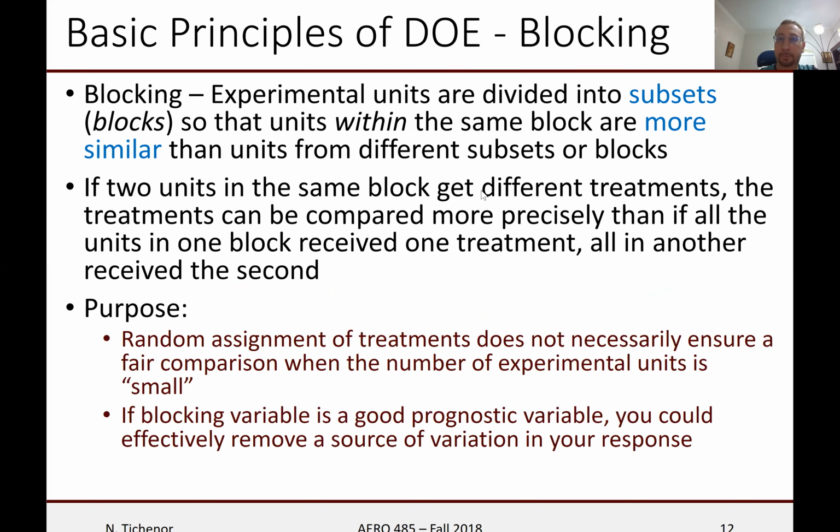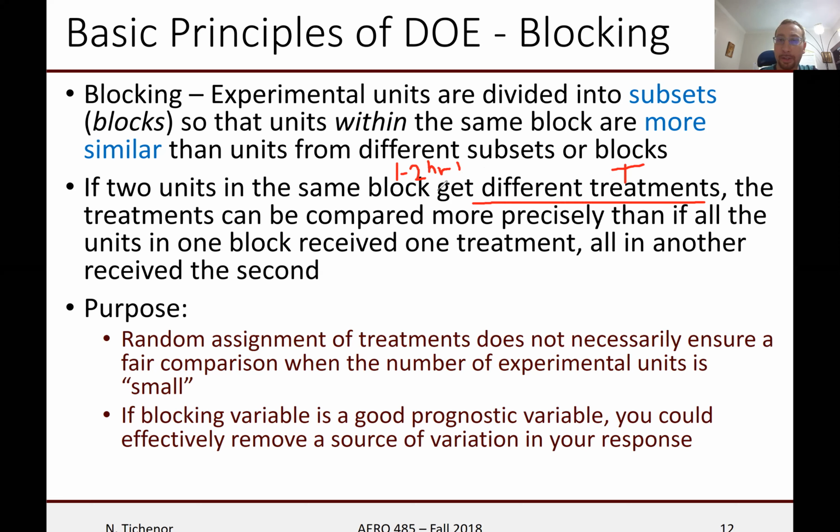So now if I go back to this, we have two samples in the same block. Let's say we keep the time within 1 to 2 hours. They get different treatments, that is, the temperature is changing.